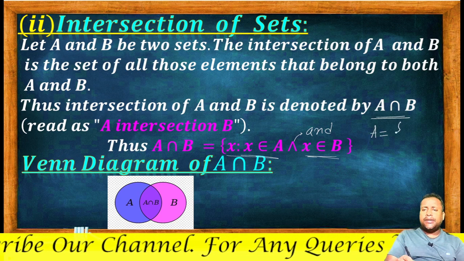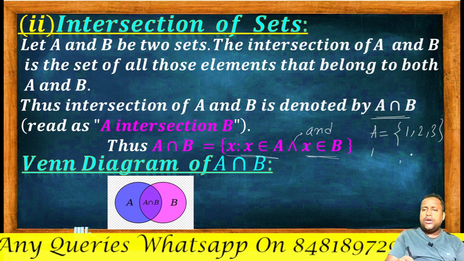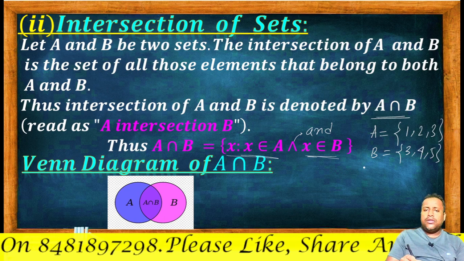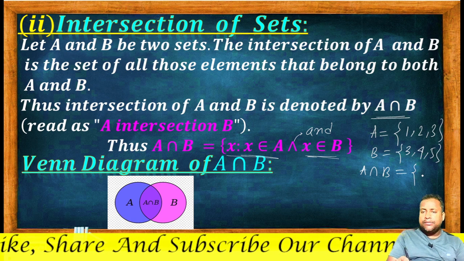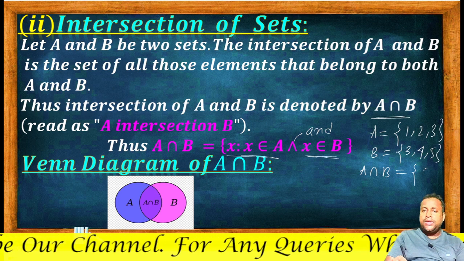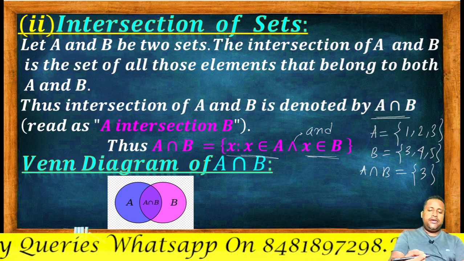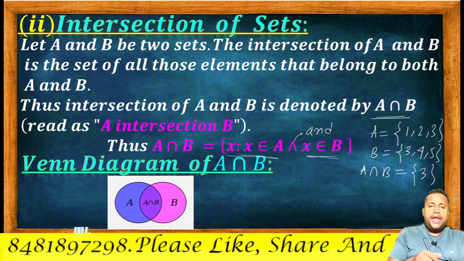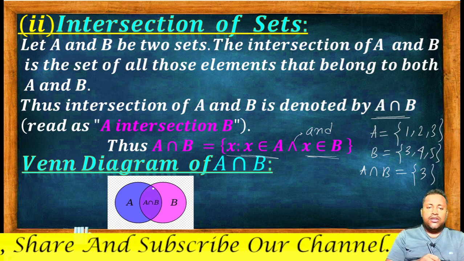Suppose A = {1, 2, 3} and B = {3, 4, 5}, then A ∩ B will be {3}. By a Venn diagram we can represent it like this: A ∩ B is this region here.